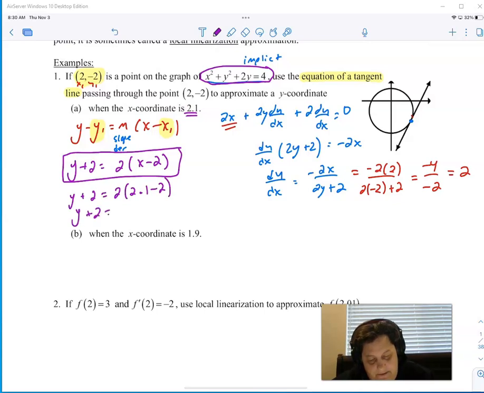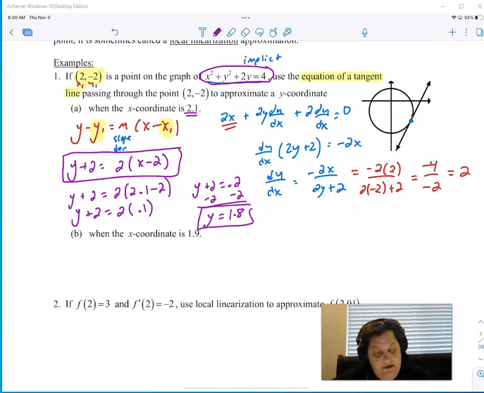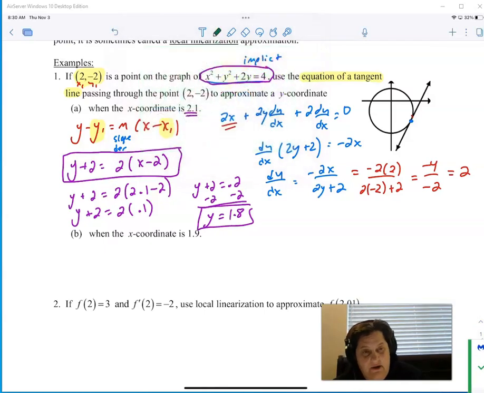So I go, okay, y plus 2 is 2 times, now 2.1 minus 2 is 0.1. 2 times 0.1 is 0.2, and so when I subtract that over, I get 1.8. So that's approximately where the point is going to be because it's a linear approximation. I already made the equation of the tangent line, so here I just have to change it to where the x-coordinate is 1.9.